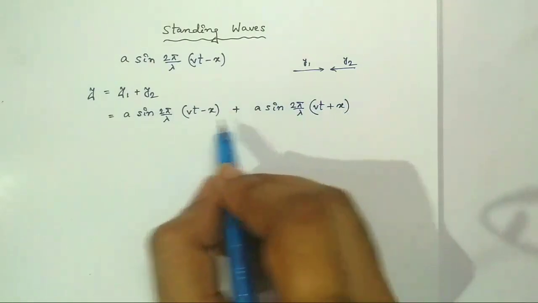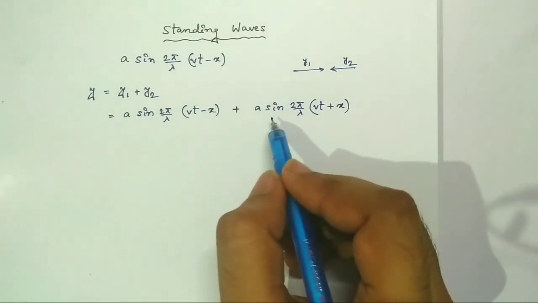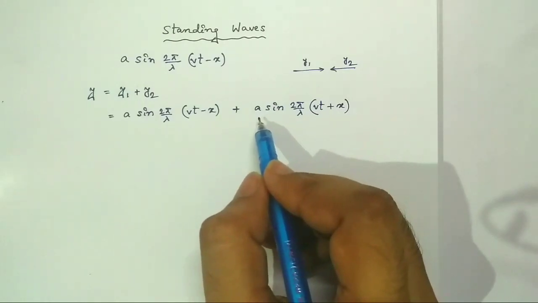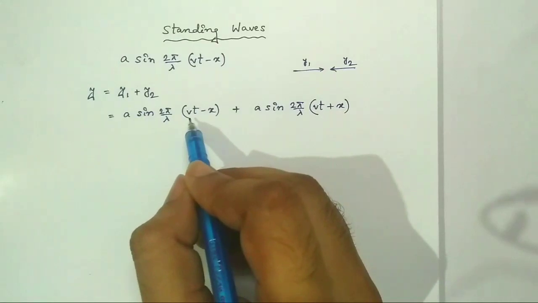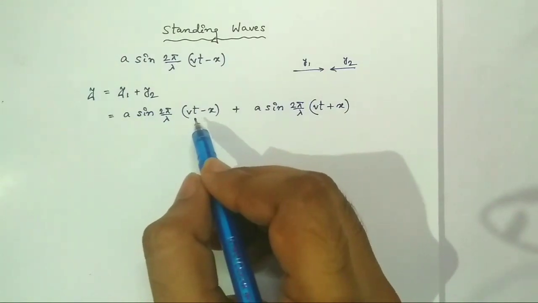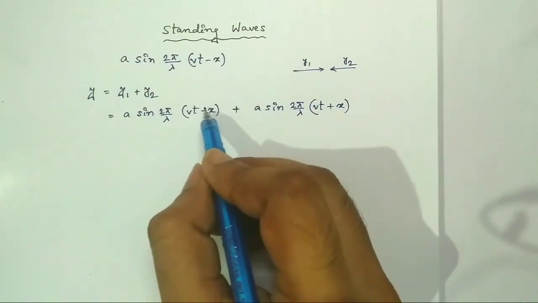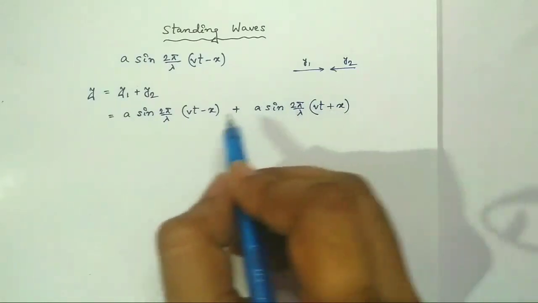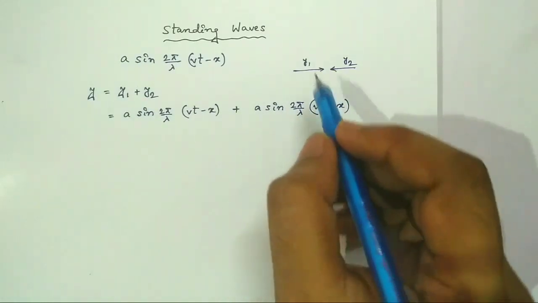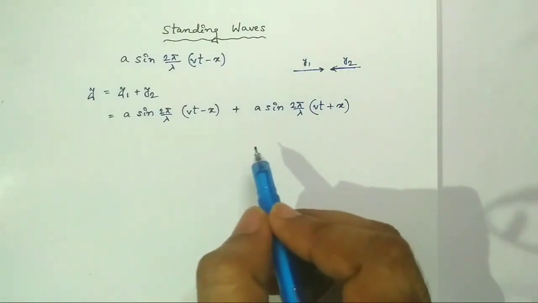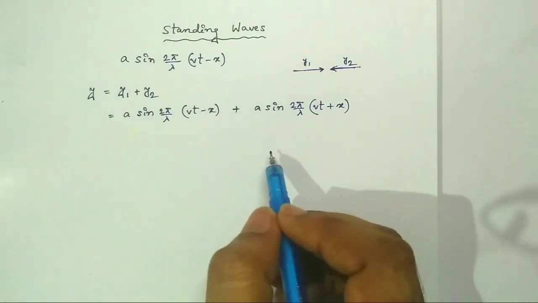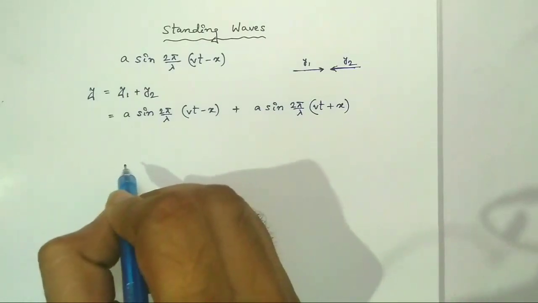Notice that the amplitude of both the progressive waves is equal. The lambda is equal and they are moving with the same speed v, and the time period is also equal, but the difference is in the sign. One is negative and one is positive, that is, one is coming from the negative x-axis and one is coming from the positive x-axis, and they superimpose to form a stationary wave.